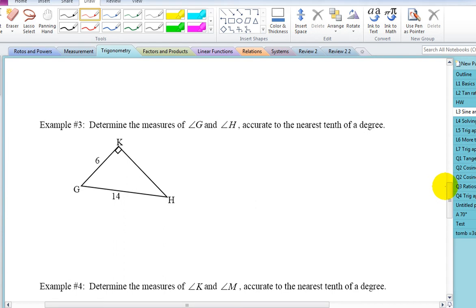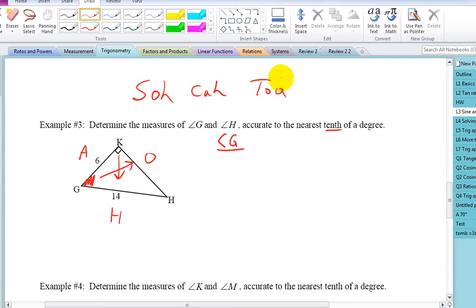Find angle G to the nearest tenth. So looking at angle G, label your HOA, please. H, O, and A. Now, I'm just going to real quickly write down SOHCAHTOA because I'm probably going to need it.